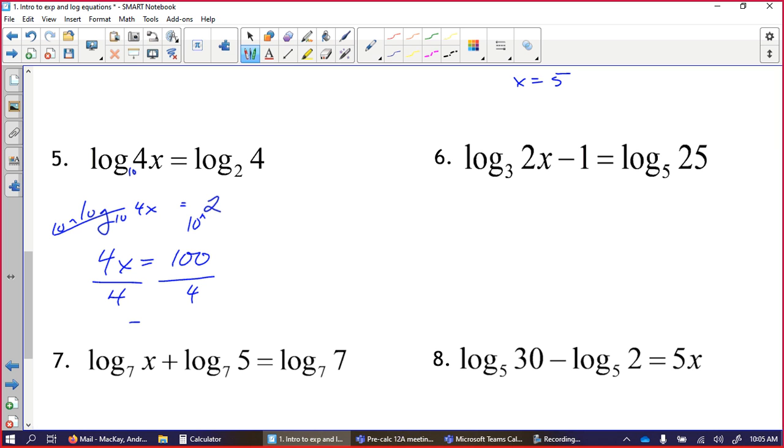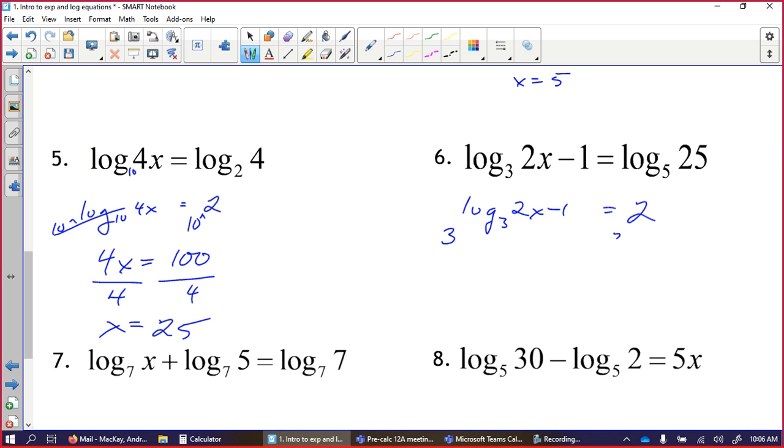Divided by 4, x equals 25. 4 times 25 is 100. Log base 10 of that is 2. And that is 2. So that's kind of straightforward. Same idea over here. Log base 5 of 25 is 2. Log base 3 of 2x minus 1 equals 2.